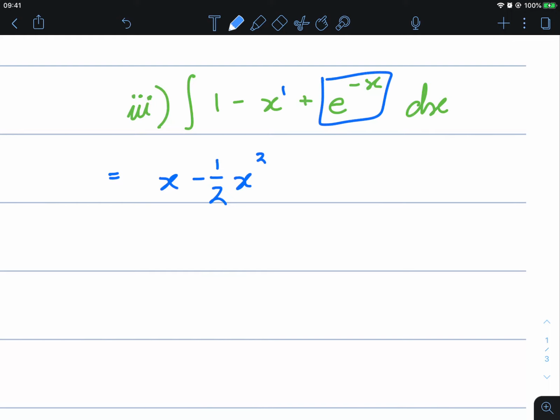For this one, it's the exact same, because remember this is e to the x, this is the exact same expression, dividing by the coefficient of the linear expression. So we're dividing by negative 1 like this. So it's originally a plus, but plus divided by a negative 1 becomes a minus, plus c.